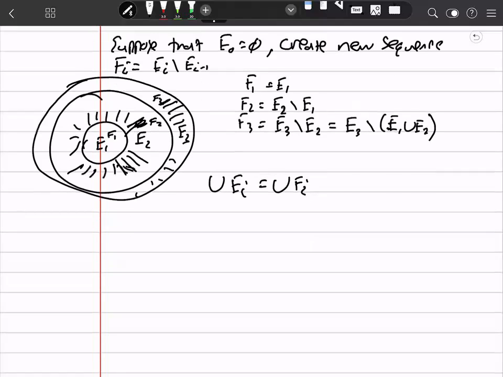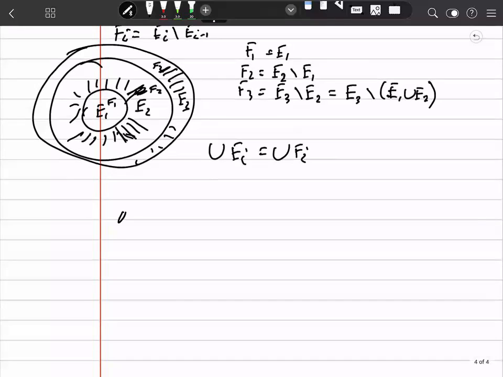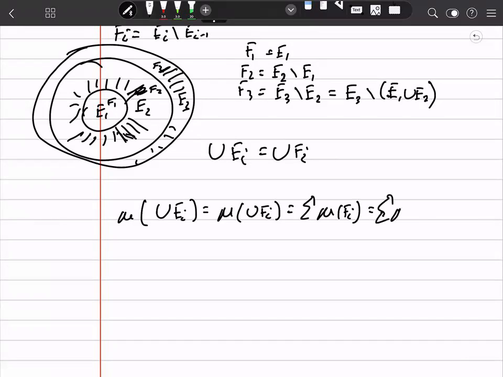So what we have is mu of the union of E sub I is equal to mu of the union of F sub I, which is equal to the sum of mu of F sub I, right? Which is just writing F sub I out. This is mu of E sub I set minus E sub I minus 1.